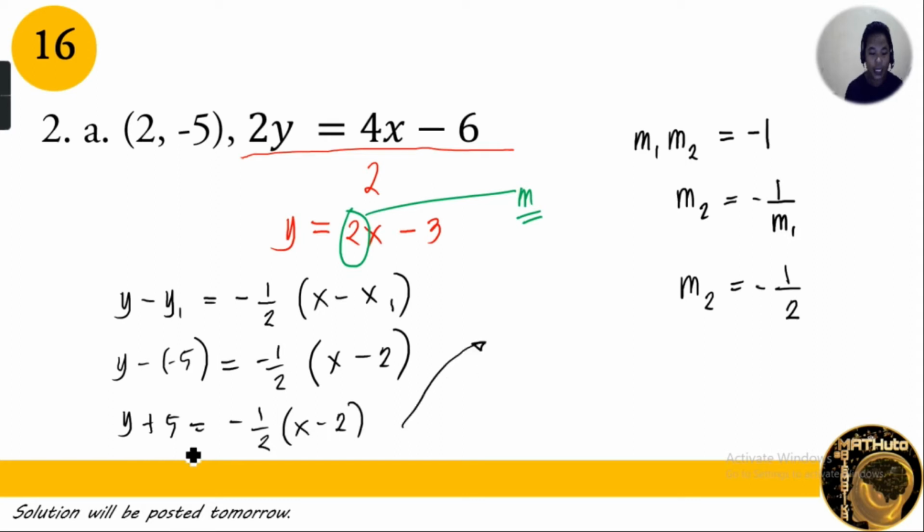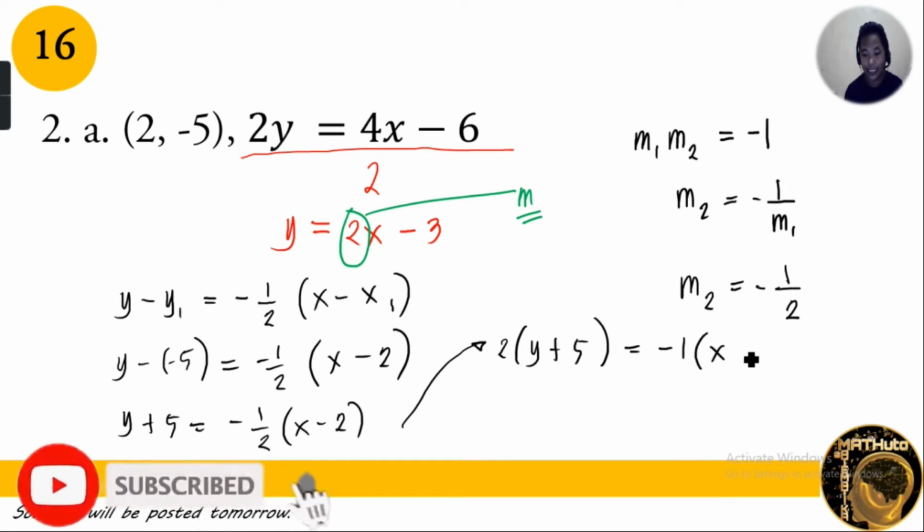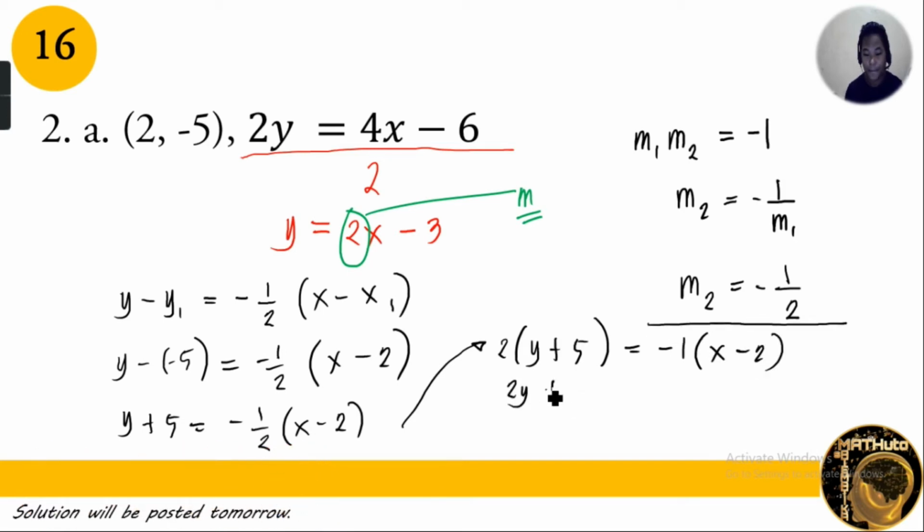Then, anuhin po natin, cross multiply, 2 times y plus 5 is equal to negative 1 times x minus 2. Distribute po natin, 2y plus 10 is equal to negative x plus 2. Negative 1 times x, negative x, negative 1 times negative 2 is positive 2. So, remain y, negative x, plus 2, minus 10.